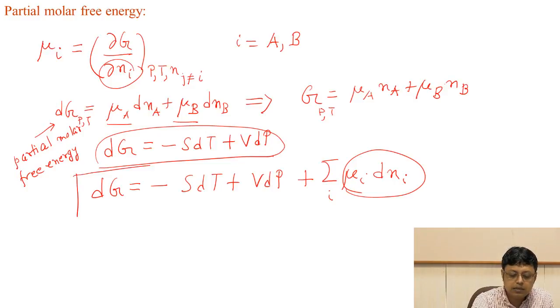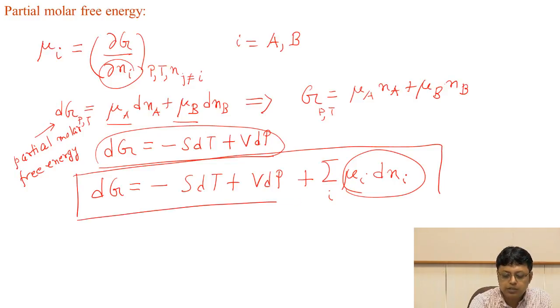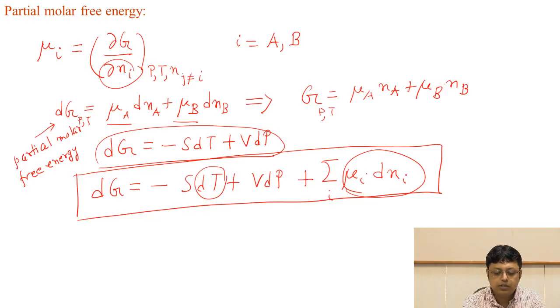So this is a much more general equation where it not only contains the information of how the Gibbs free energy is changing with respect to temperature or pressure, it also contains information on how the total Gibbs free energy is changing if we keep on changing the mole fraction of one particular component.